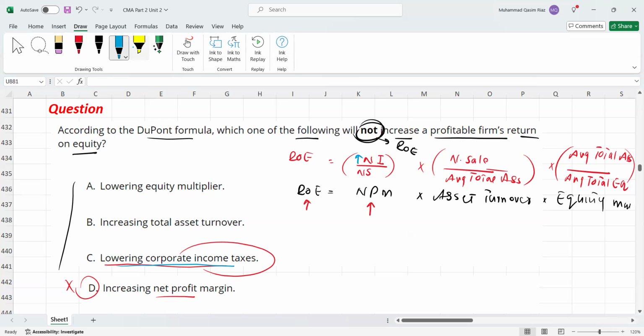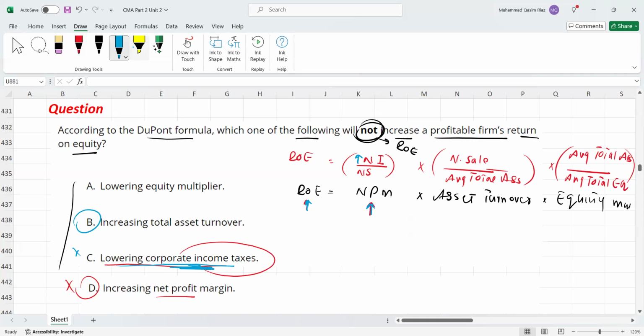If net income increases, net profit margin will also increase, which will increase the return on equity. So that is why this is also not the option, because the question is which will not increase the return on equity. So this will increase the return on equity.